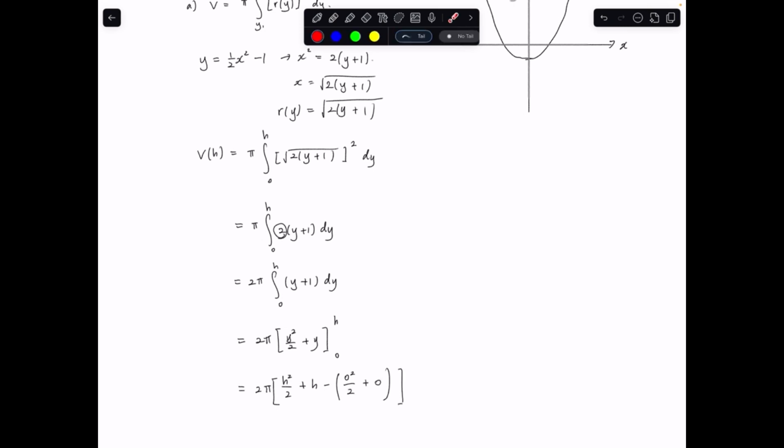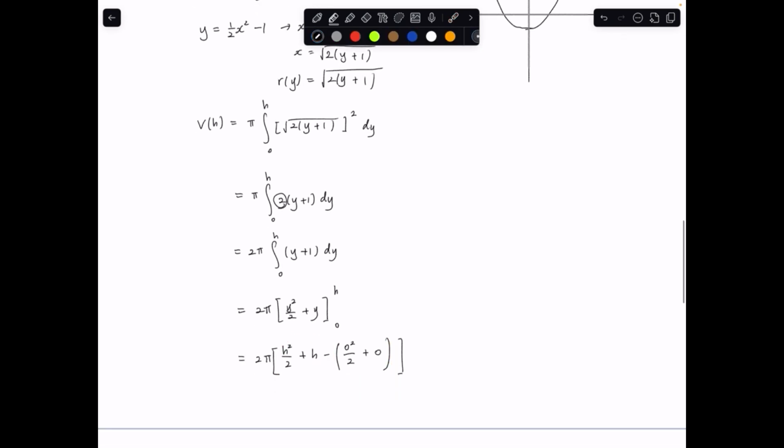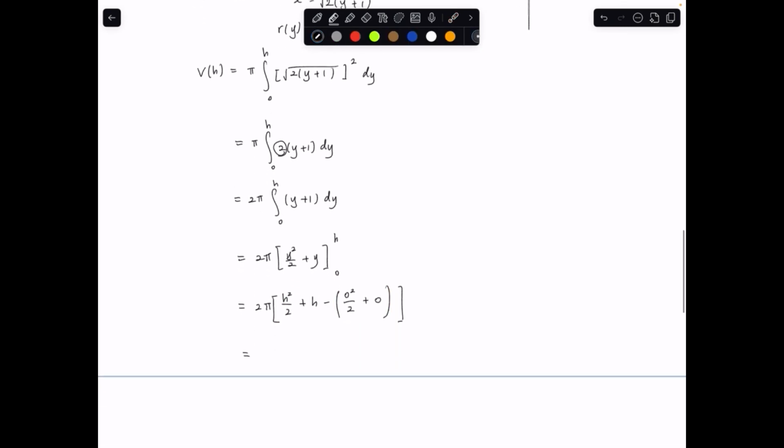So we substitute h into the y values, subtract the value that we get when we substitute zeros in there. So h minus 0. And then we should get 2 pi times (h squared over 2 plus h). And if we simplify that, it should look like that.